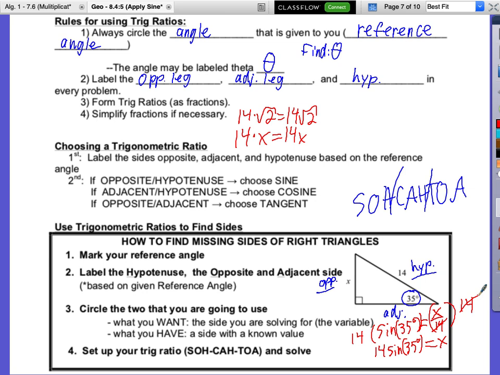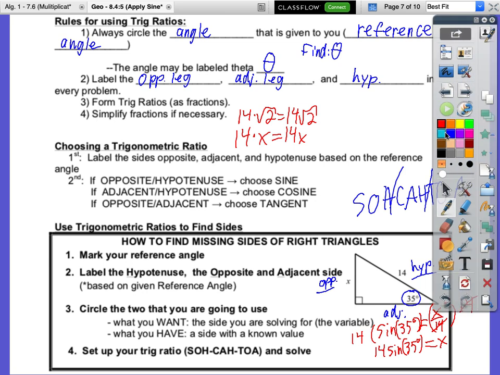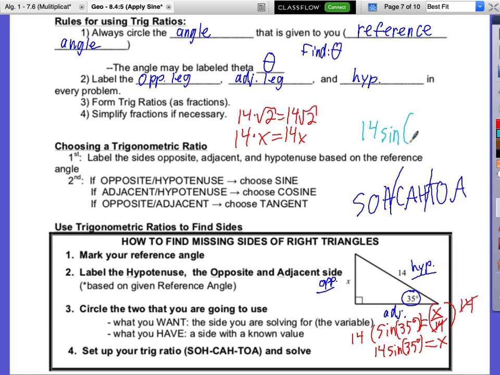So everyone should have 14 sine. It should look like this in the light blue on your calculator. And it has a parenthesis there, right? We're going to put our angle measure, 35, in there. And we're going to close up that parenthesis. So type in 35 and close up that parenthesis. And then you can push enter.